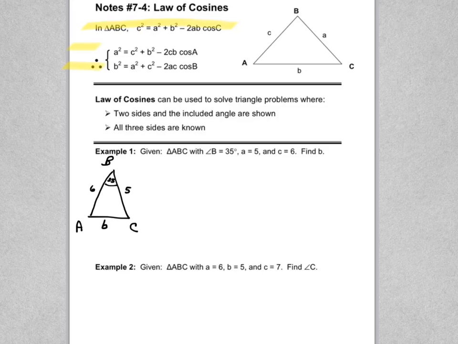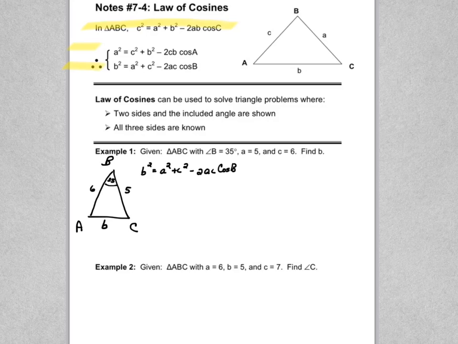So if we want to find B squared, we need cosine of B, which we have. So that's good. And we know the other two sides. So this one's pretty straightforward. You look up there and you say b squared is equal to a squared plus c squared minus 2ac, again it's the sides we just used, times the cosine of b, which is the angle we know.